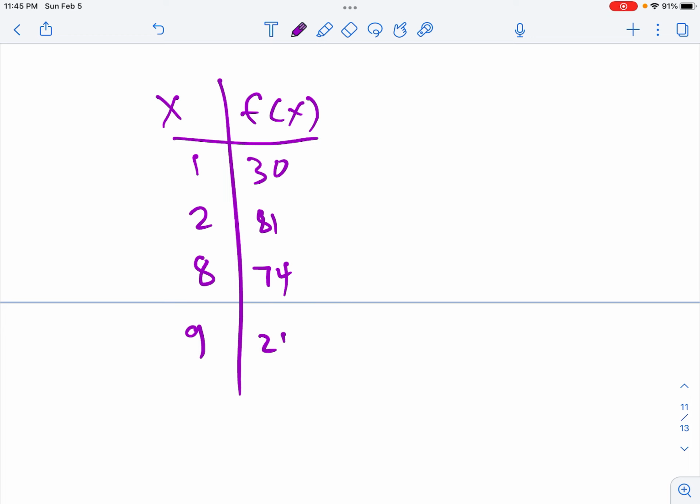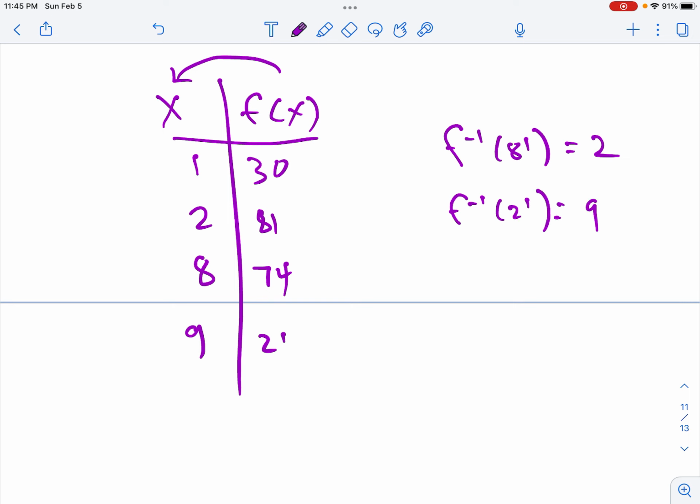Okay, so what's the inverse function of 81? I'm asking what value of x gives me an output of 81, and that's going to be 2. So here I'm moving in that direction. What about the inverse function of 21? That's going to be 9.